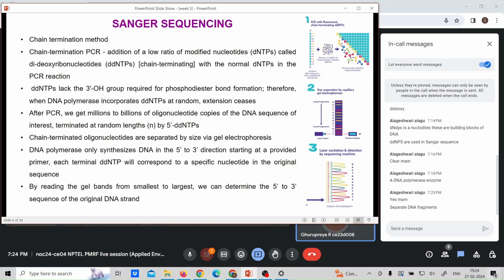Okay, yeah, we use it to separate DNA fragments based on. You're perfectly right. We are going to separate the DNA fragments, but based on what criteria are we going to separate them?